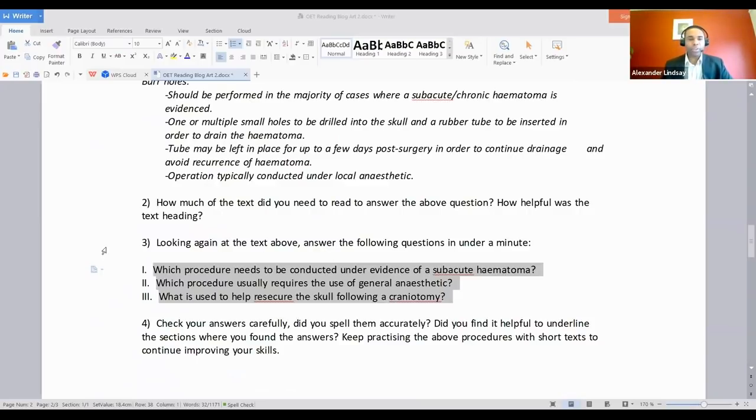Okay, so 3 questions. Just before you answer these questions, what kinds of questions are these? Are these the skimming questions for questions 1 to 7, or are these the scanning questions which would come up in questions 8 to 20? What do you think? Again, just share your answers in the chat.